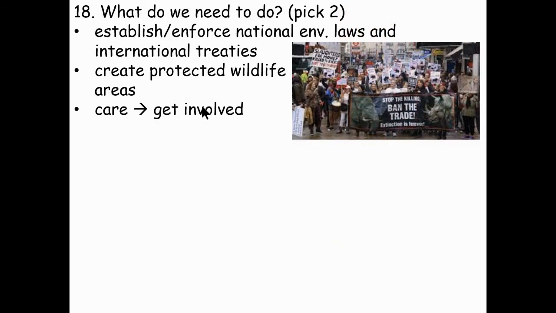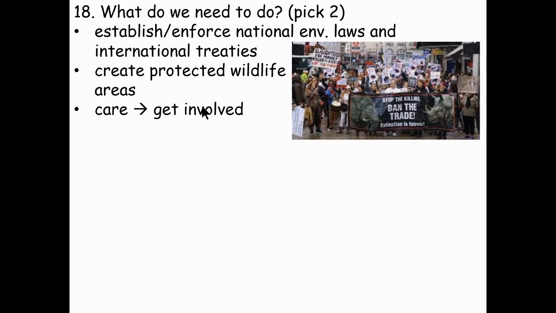All right, so what do we need to do? We need to establish and enforce national environmental laws, international treaties, create protective wildlife areas, stop damaging habitats that are important to these creatures, care, get involved.